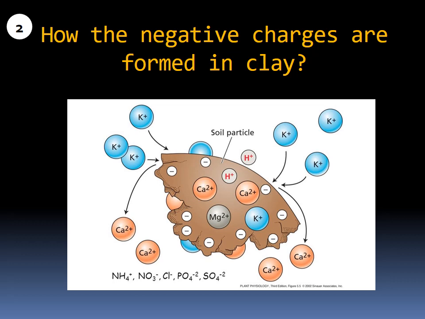I mean, keep in mind that the surface area is not the only reason why these clays and colloids are able to retain these things. But because colloids and particularly clay also have some charges, that's why they are able to retain. Now the surface area provides a lot of space that can accommodate things in the soil, but with the charges, it means that you can not only accommodate them, but retain them and hold them in place.